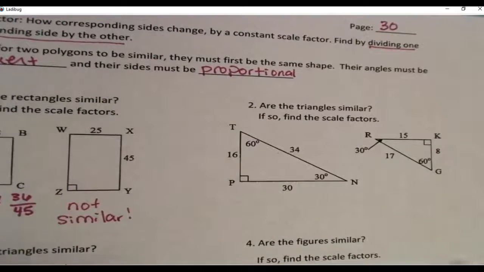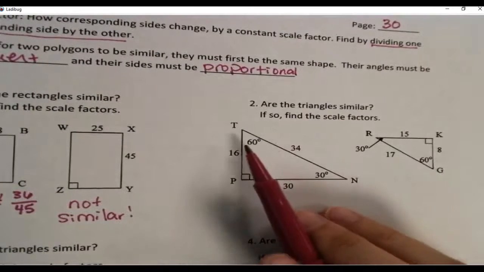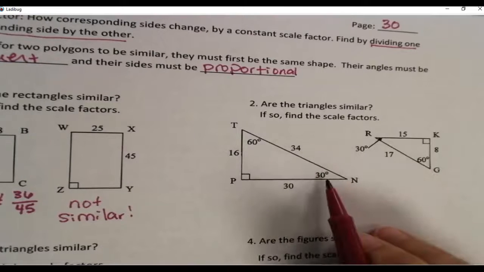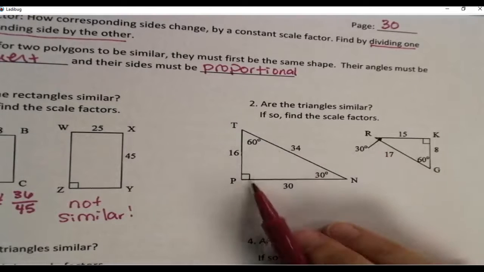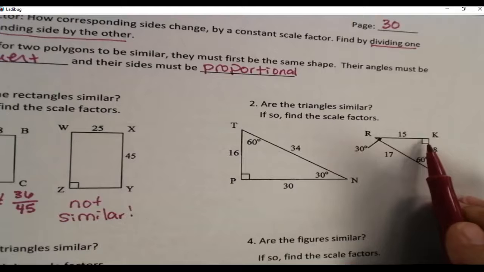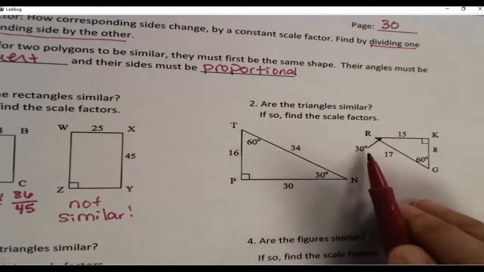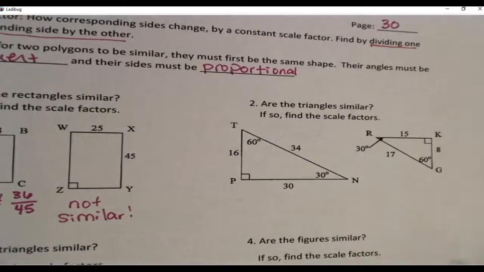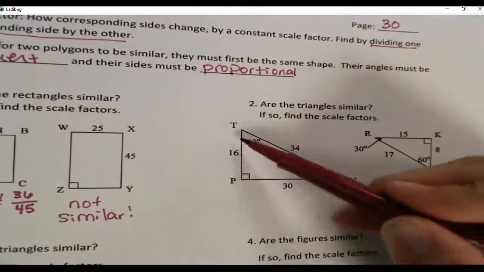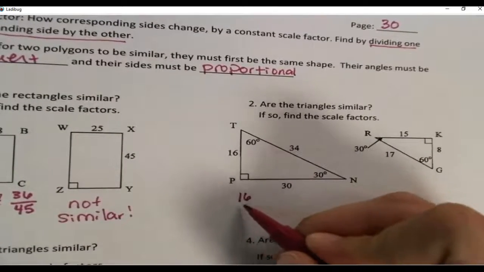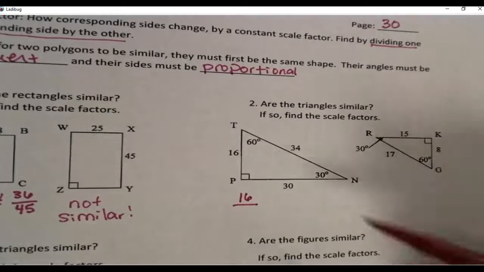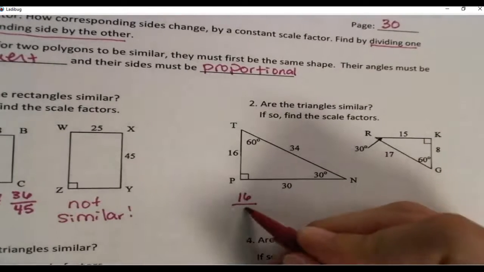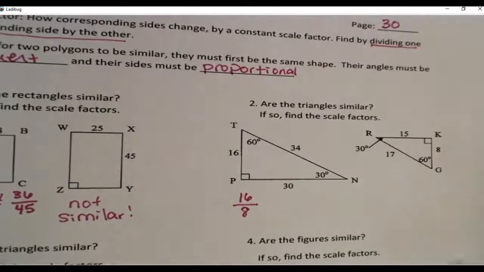Alright, let's look at number 2. So number 2, first we check our angles. So T matches G, N matches R, good, and P matches K, good. So we have our corresponding congruent angles. This is 30, 60, 90. So now we just have to match our sides. So I'm going to start here with this 16. Which side does the 16 match on this one over here? 8, good. So 16 over 8.